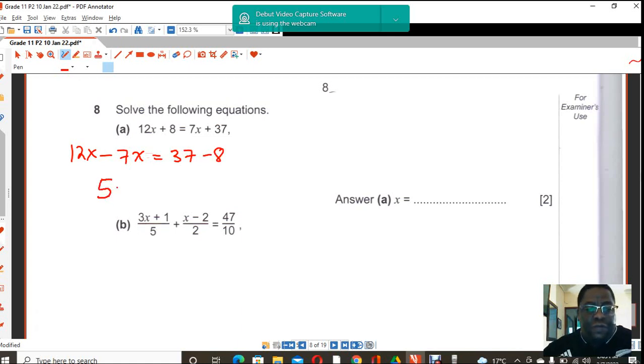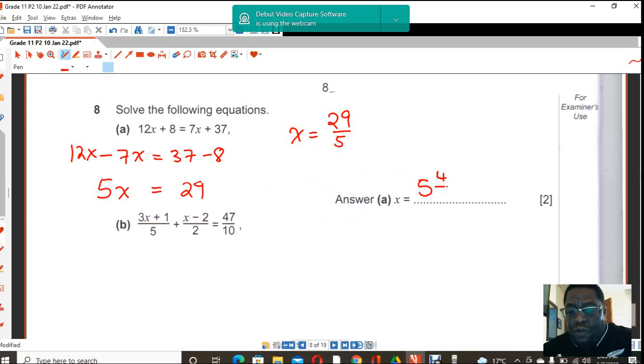So that gives me 5x is equal to 29. So x therefore will be 29/5. And guess what? If you leave your answer like that, you also get full marks for that. Or you can say 5 goes there 5 times and 4 is left. Or you can even say 5.8. So anywhere you have that as your answer will be accepted.